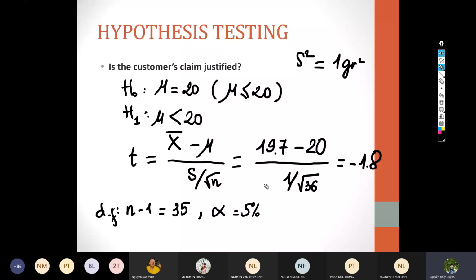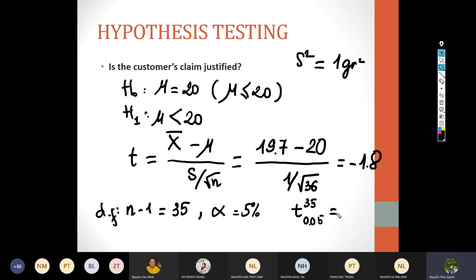Okay, so in this case, we will use t alpha or t alpha divided by 2? Because this one is a one-sided test, a one-tailed test, we will have to use t alpha, which is t 0.05 with degrees of freedom of 35.